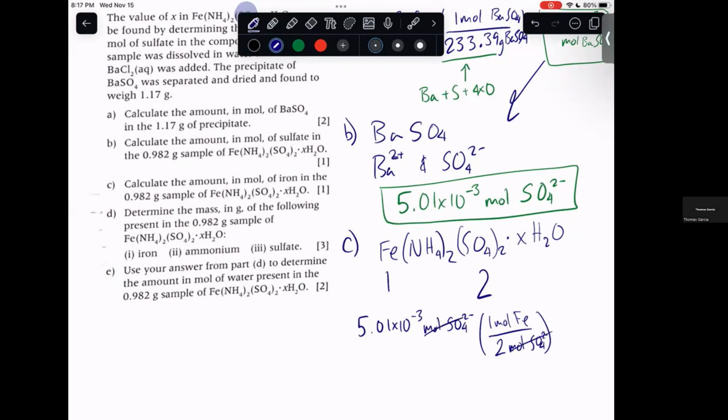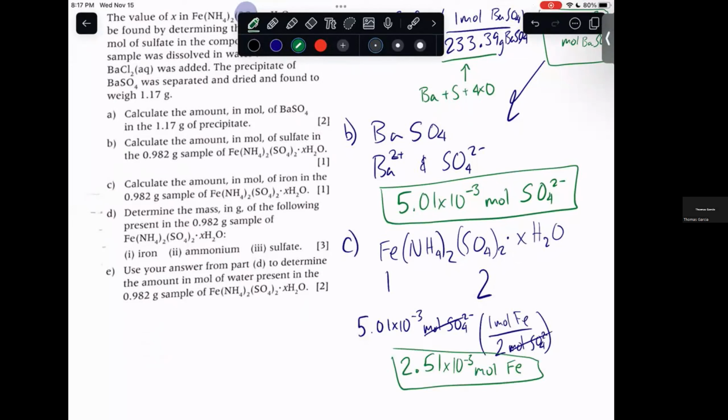So mole sulfate, and turns out we get an answer of 2.5 times 10 to the negative third. Closer to 2.50 times 10 to the negative third. No, you know what? Sorry, let me go back on that. 2.51 times 10 to the negative third mole of iron.